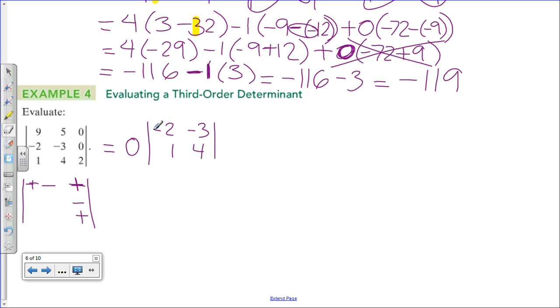Our next numerical factor will be preceded by a negative sign, of course, by following this. And it will also be a 0. And now we cross that column and that row. So our numbers inside the 2 by 2 determinant will be 9 and 5, 1 and 4.